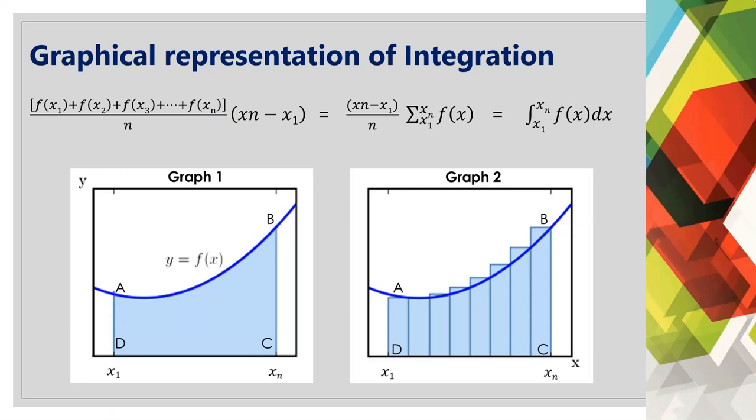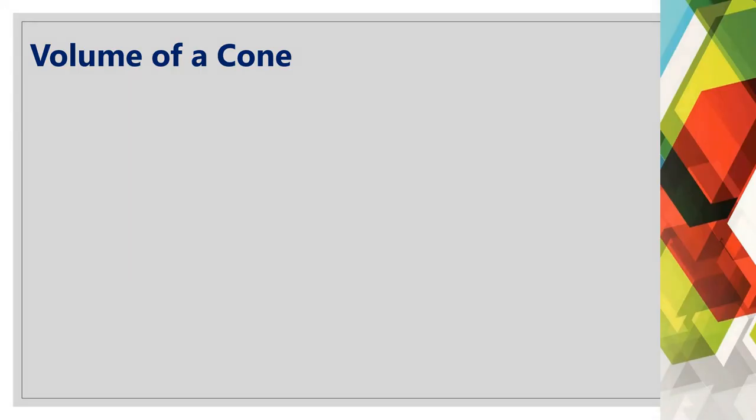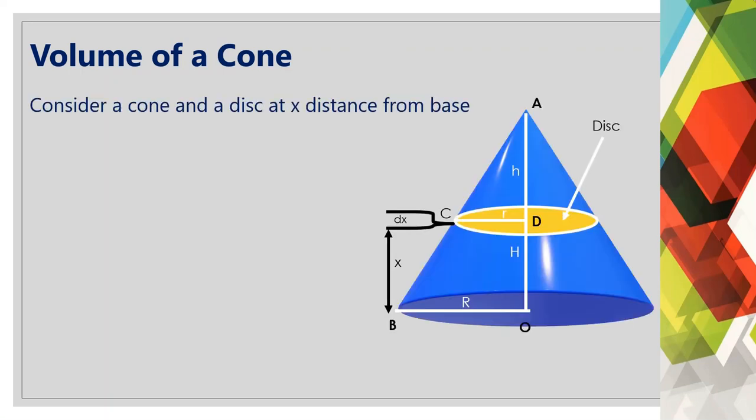So, with that understanding of integration, we will now derive the formula of the volume of the cone using integration. First, the cone will be cut into several horizontal discs. Each of the discs will have a very small height dx, such that every disc appears to be of the shape of a cylinder.